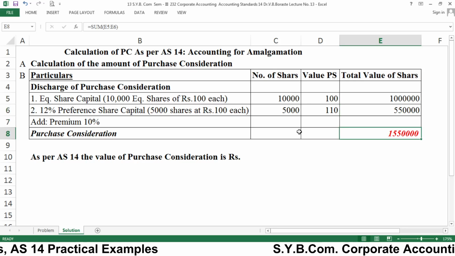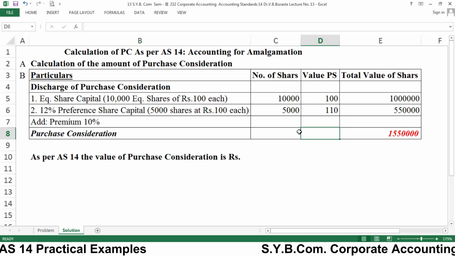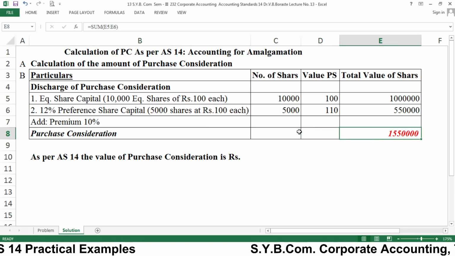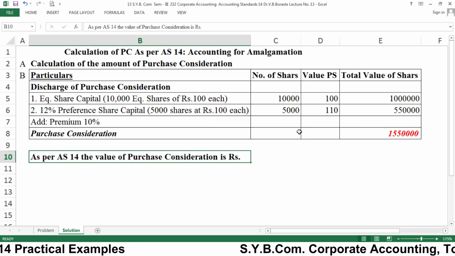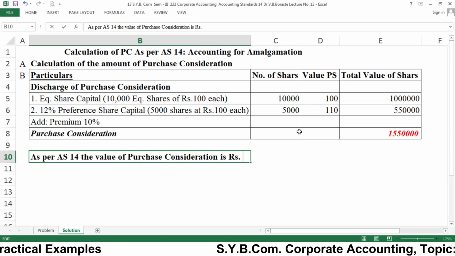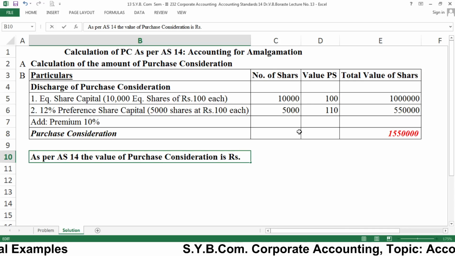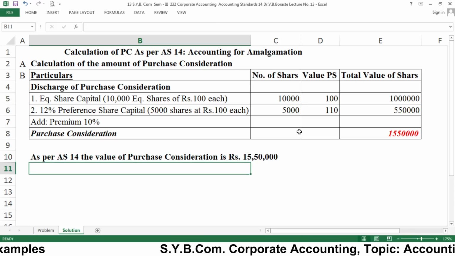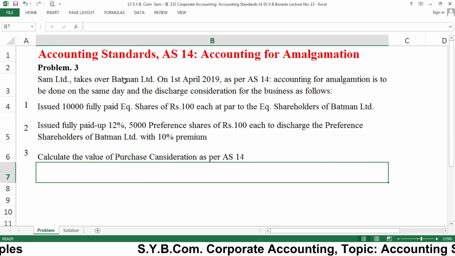In this way you can calculate the purchase consideration. Here you can see the purchase consideration is 15,50,000. So you have to mention at the bottom that as per AS14, that is accounting standard 14, which is known as accounting for amalgamation, the value of purchase consideration will be 15,50,000. In this way you can calculate the purchase consideration as per AS14.